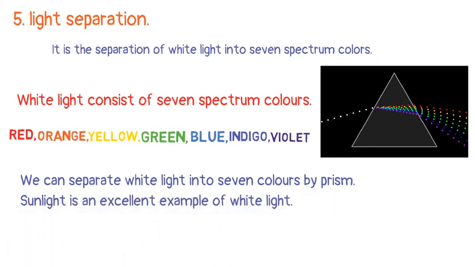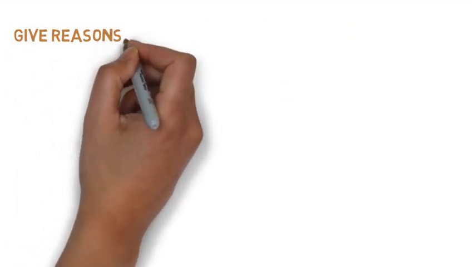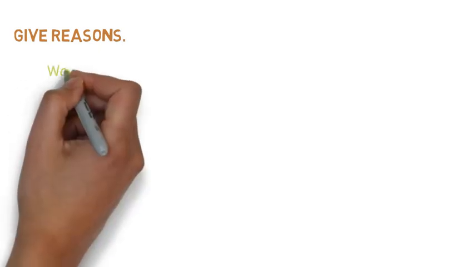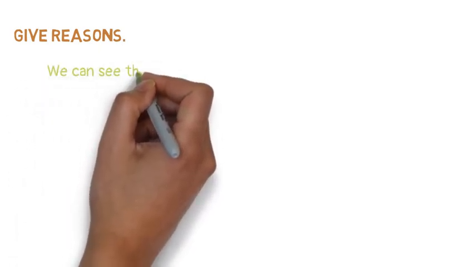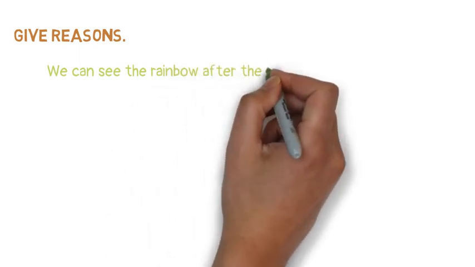Also, sunlight is an excellent example of white light. So if we use the glass prism, it will separate the white light into 7 spectrum colors. There is a phenomenon related to light separation, or splitting of the white light, and it's the rainbow.